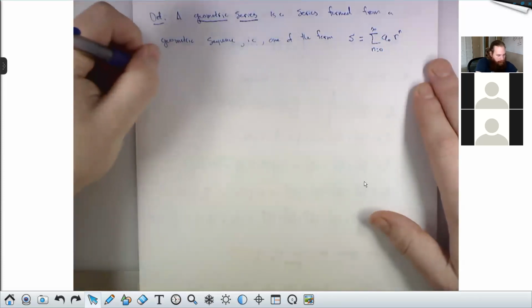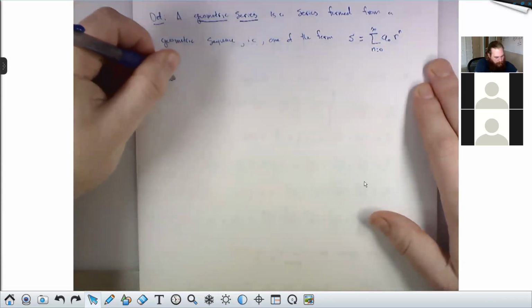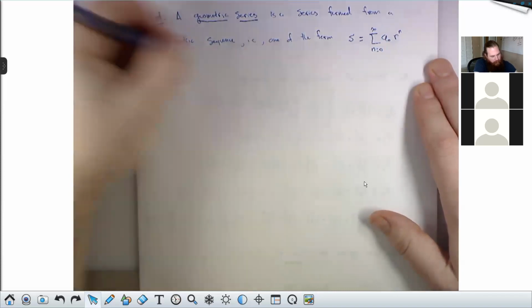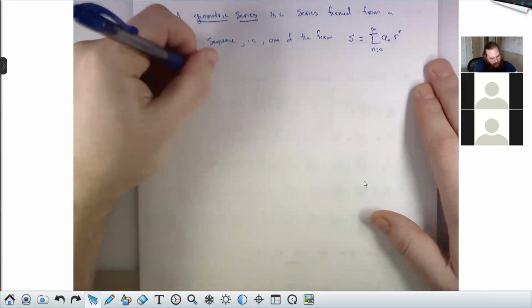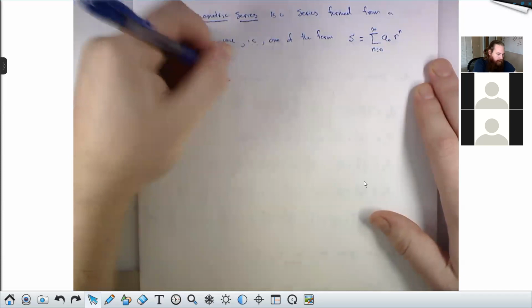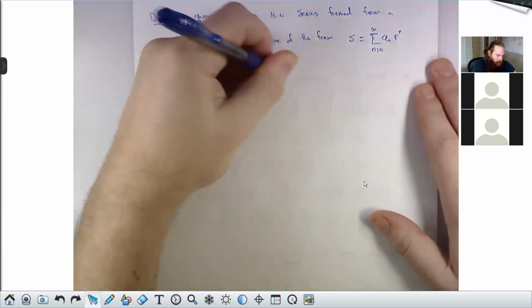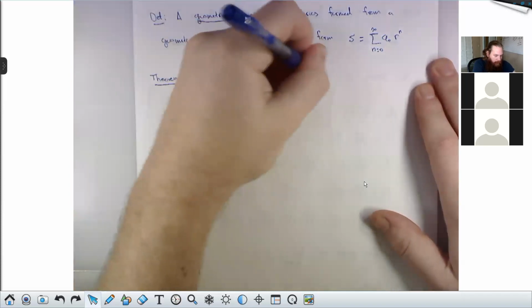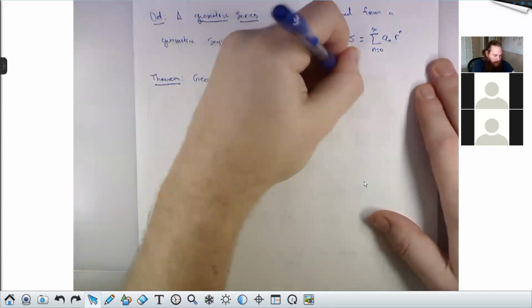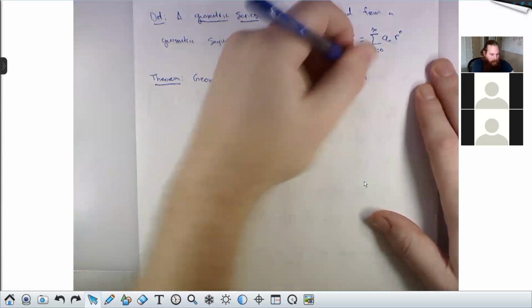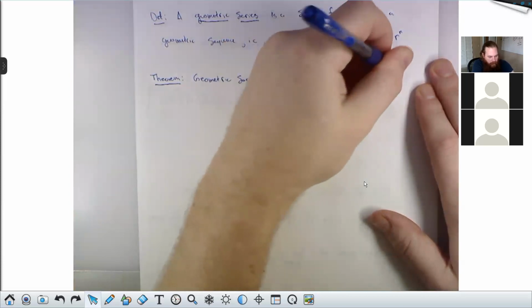Theorem. Geometric series converge if and only if the absolute value of R is less than 1.